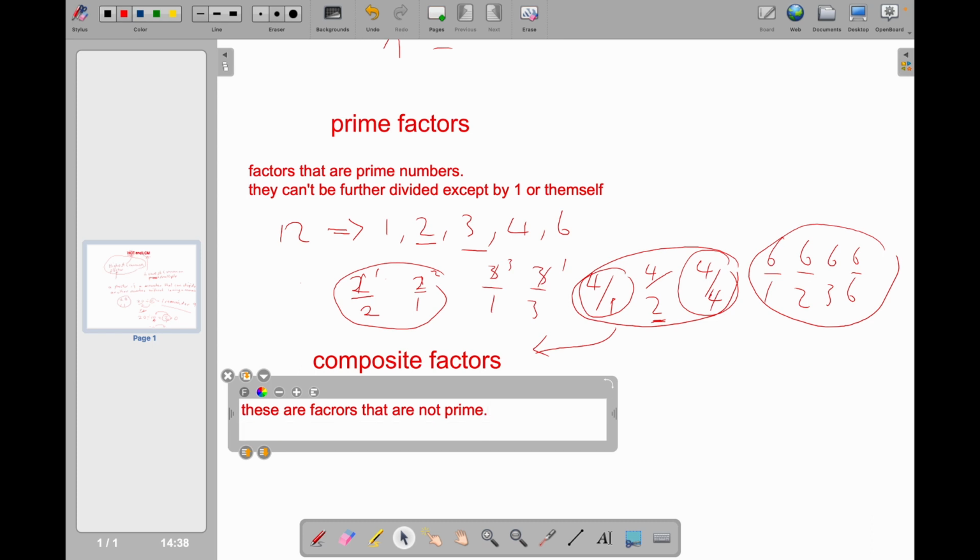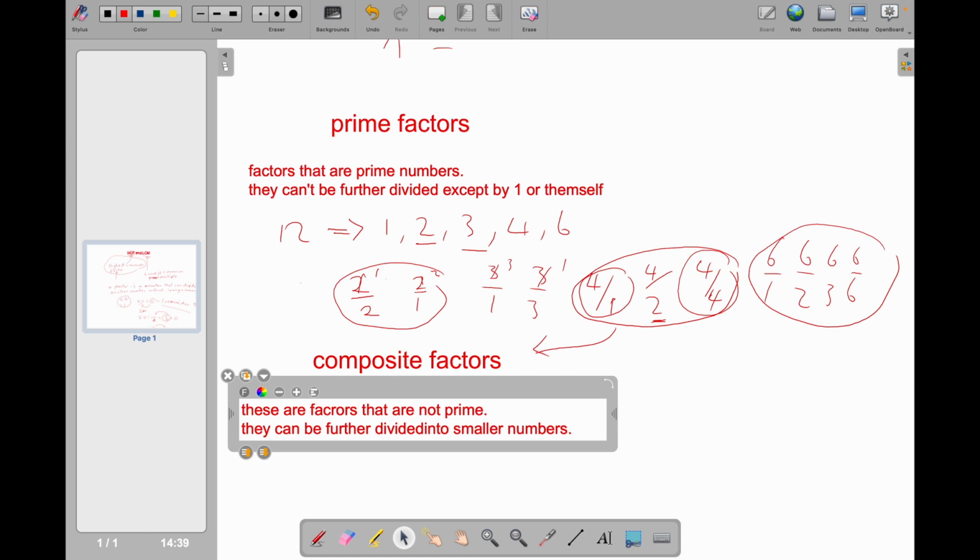Meaning, what am I saying? This means they can be further divided into smaller numbers.